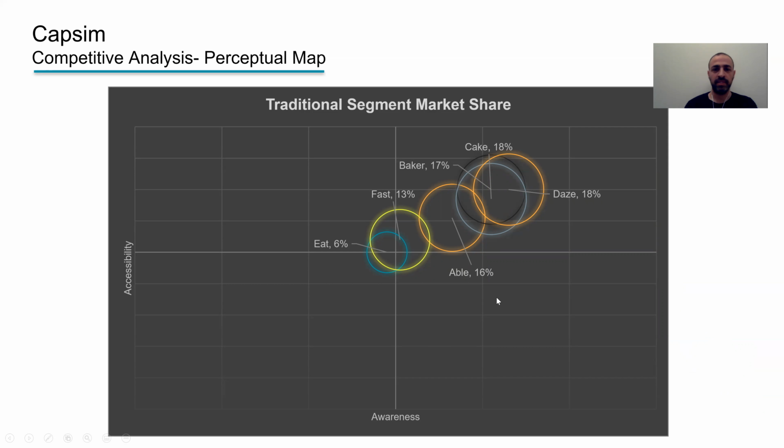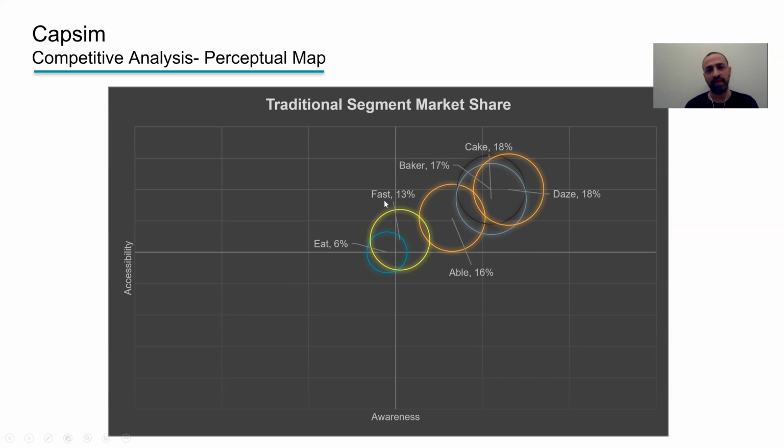Mostly the accessibility and the awareness are almost like each other, but C and D are doing a little better, and in general, D is outperforming a little in terms of accessibility and awareness. So we have to be careful, but we take this opportunity because E is weak.